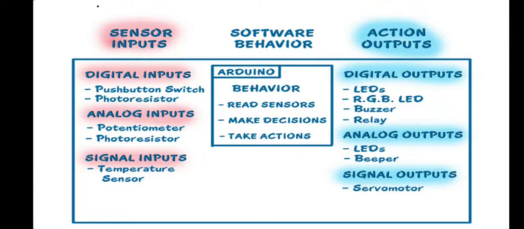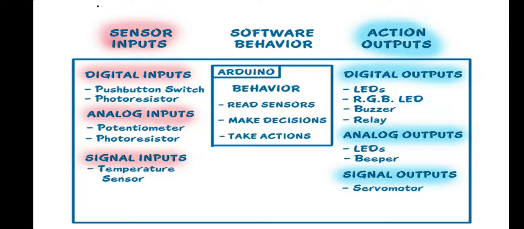First it will read the sensor, then it will decide what to do after taking this input, then it will take the action. These are the three main tasks of Arduino, the behavior of Arduino.